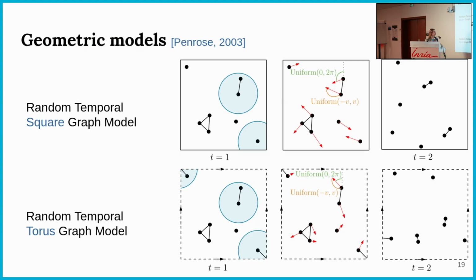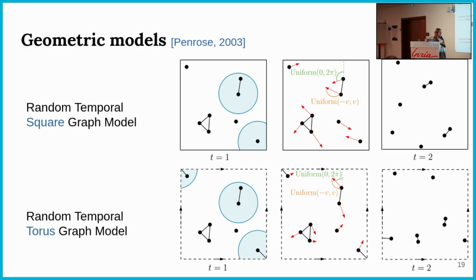We distribute nodes, so points, on the square and on the torus, and we connect two nodes if they are at a distance less than a radius r, so if they are contained in a ball. In fact, these two graph models are also known as the disk graph model, and were introduced by Penrose.